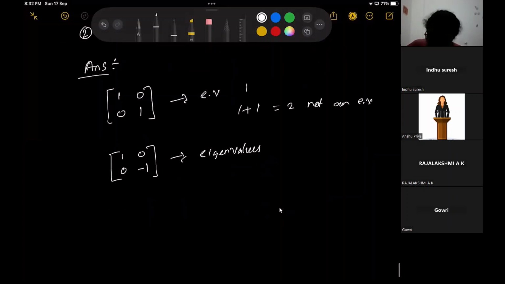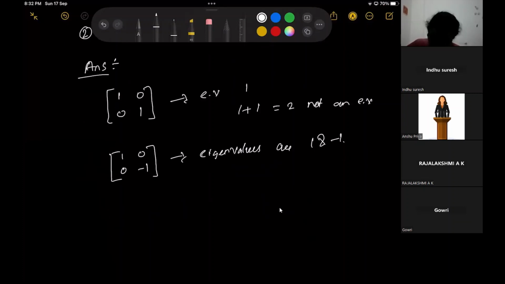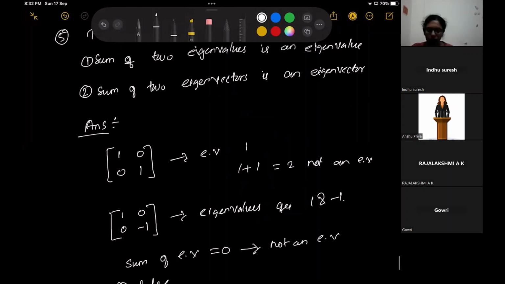So eigenvalues are 1 and minus 1. So sum of eigenvalues equal to 0. It is obviously not an eigenvalue because it is a non-singular matrix. So the first is false. Now what about the second option?